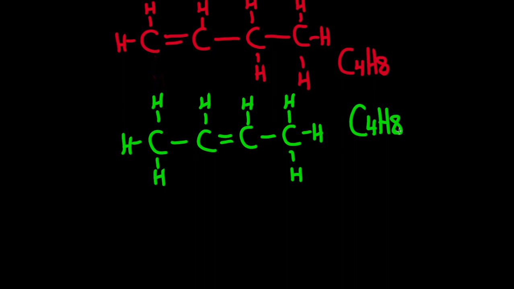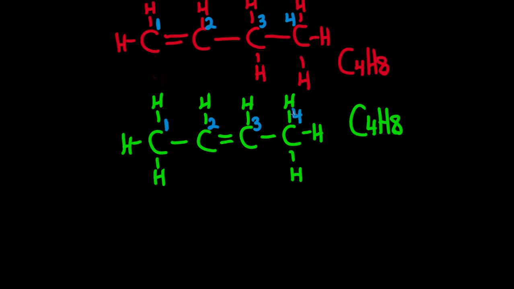Okay, they are isomers because they have the same formula, but they have different structures since the double bond is at different places in each molecule. Okay, I have the double bond here bridging this first carbon and the second carbon, so 1, 2, 3, 4. So I have that double bond bridging the first carbon and the second carbon in this molecule, but in this one I have it bridging carbons 2 and 3.